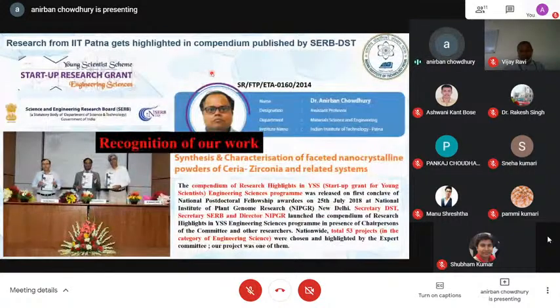This work on the ceria-zirconia system was selected first as a DST Young Scientist Project, and it is in the compendium book published by the DST Secretary, Professor Ashutosh Sharma at Kanpur. 53 projects nationwide were selected based on their performance, and our project was one of them in the category of engineering sciences.